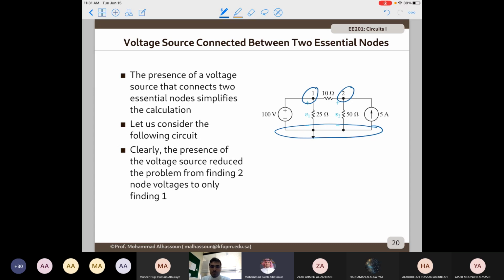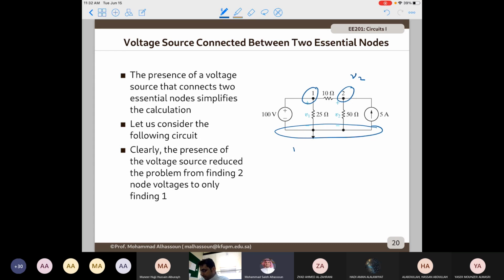And we have presumably two equations and two unknowns. But pay attention here that we know the voltage at node 1, because we have a voltage source that's connected between two essential nodes. So if a voltage source is connected between two essential nodes, then the problem is simplified because one of the node voltages will be given. So the only thing that's missing is V2.